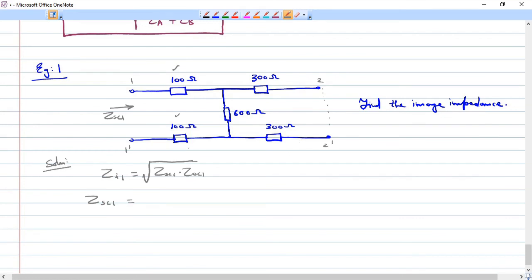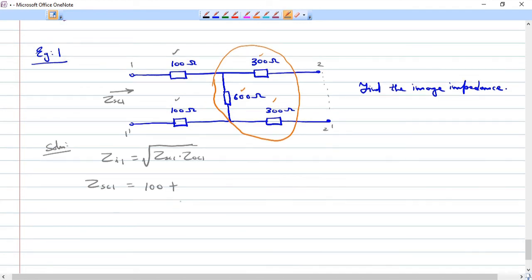So we have 100 plus, this part is actually the parallel combination of the 600 ohm and the 300 ohms in series.